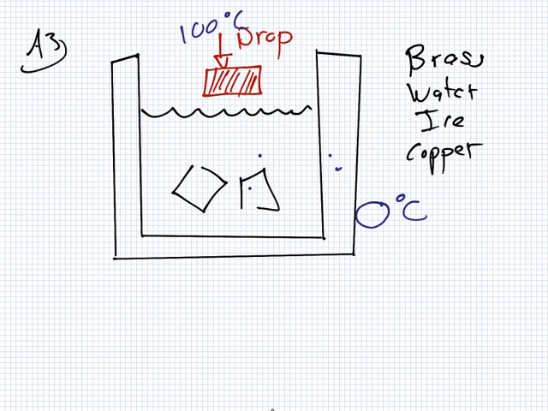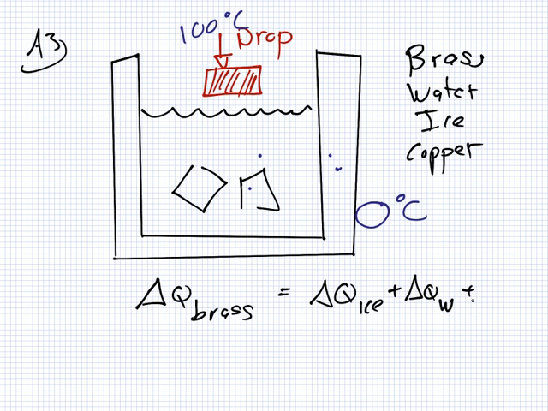This is a little bit difficult, so you have to listen carefully. Do you have this picture? Okay. What loses energy? The brass. And everything else gains energy. So the energy which is lost by the brass equals the energy gained by the ice, the energy gained by the water, and the energy gained by the copper.